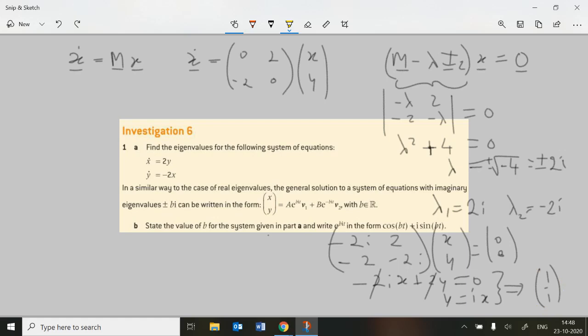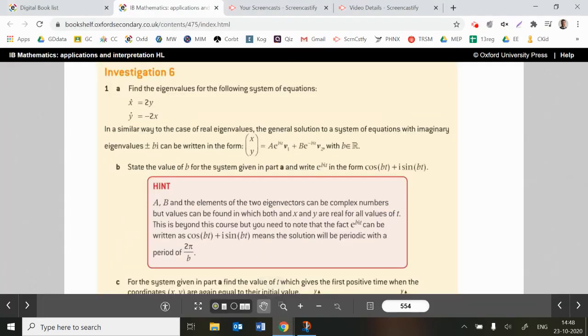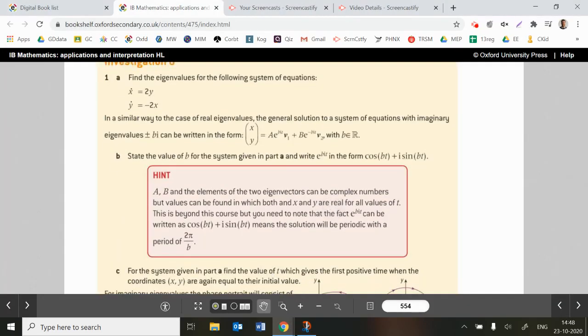And I think that's why the book says that A, B, and the elements of the two eigenvalues can be complex numbers, but values can be found. So there's kind of an ambiguous statement there. They're not saying that they are particular numbers, but there are numbers that can be found to make this work.